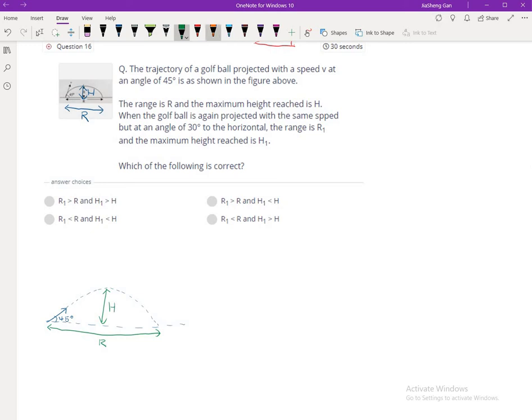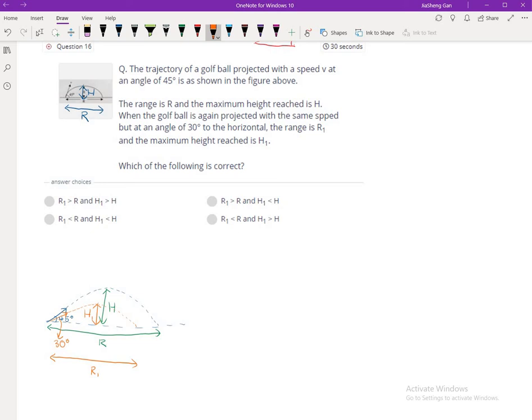Okay, now it's saying that if I change it to 30 degrees, so how will your things look like? Okay, so you're asking for r1 and h1. Okay, that's what the question is asking for.